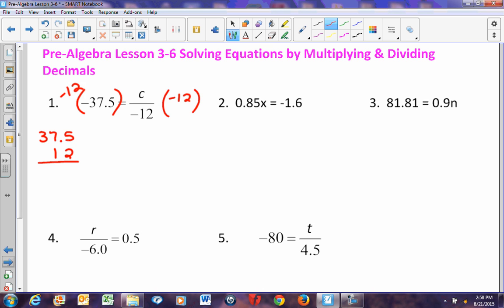Since they're both negative, I know my answer is going to be positive, so I'm just going to leave the negative signs off. So C is equal to 450.